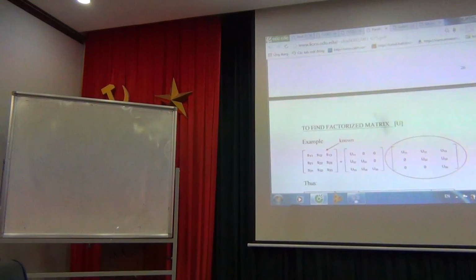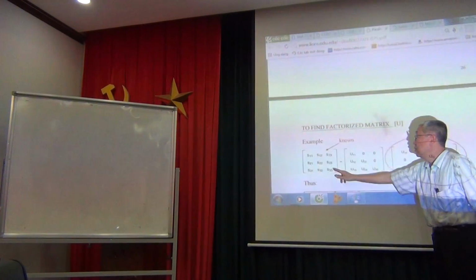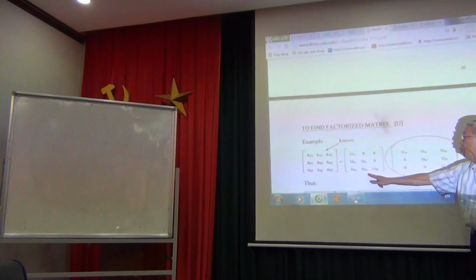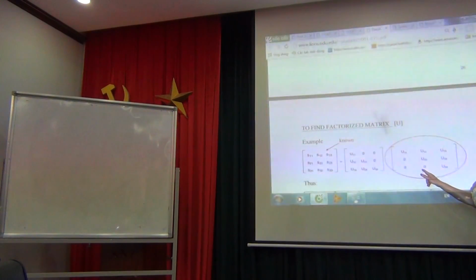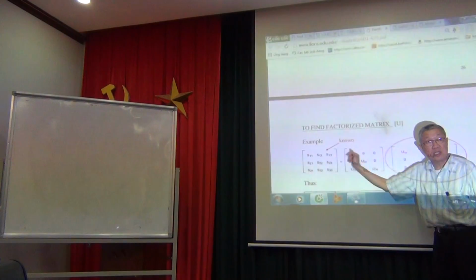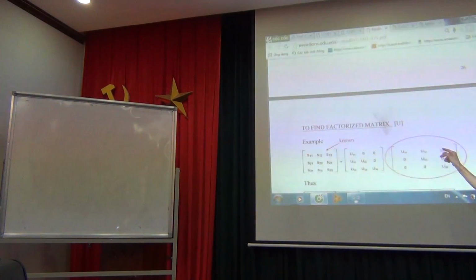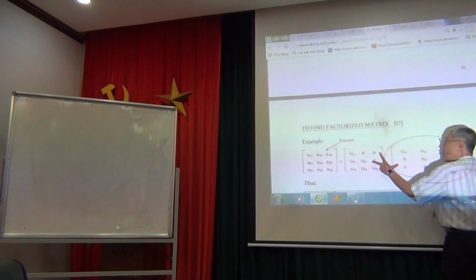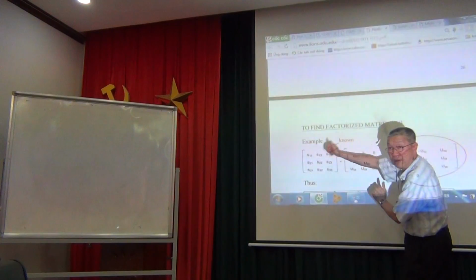So the given matrix is equal to U transpose times U. In this example, we have a 3x3 system, and therefore we have 6 unknowns. Because we have 6 unknowns, we need 6 equations. So we multiply these two and equate to the left-hand side.